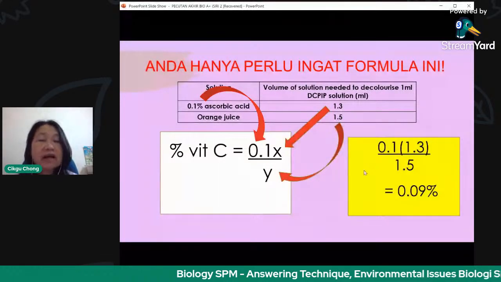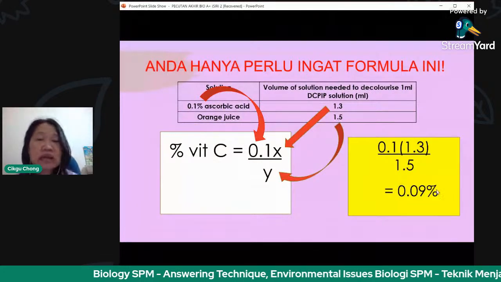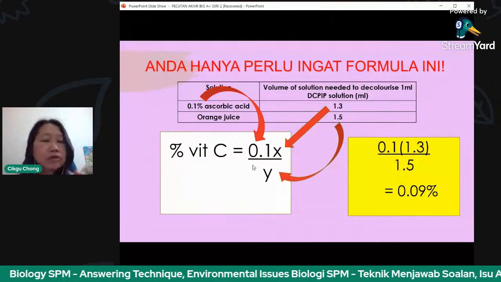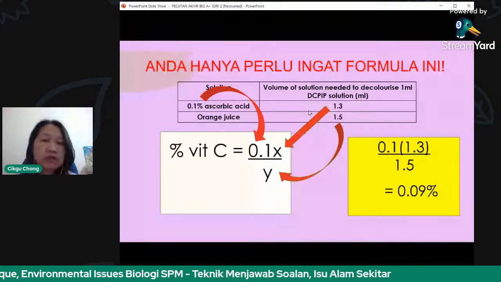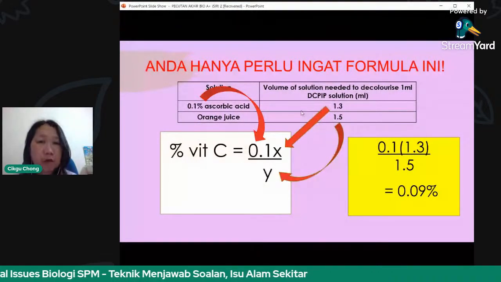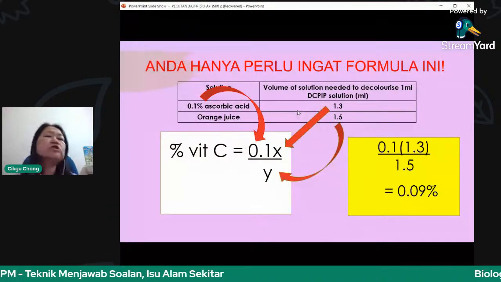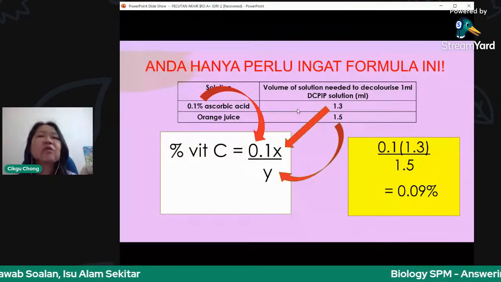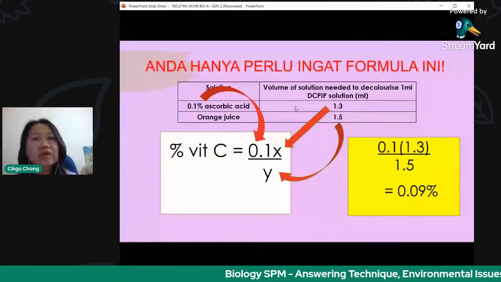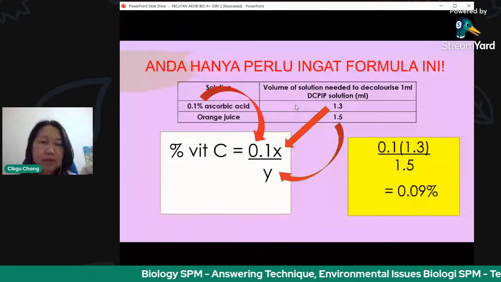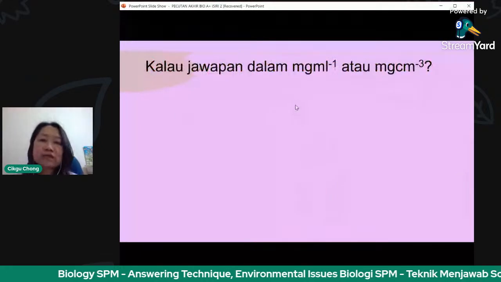So 0.09%. Remember, when you use this formula, the unit of your answer is in percentage form, not in mg per ml or mg per centimeter cube. Okay, now what if the question wants your answer in this unit?